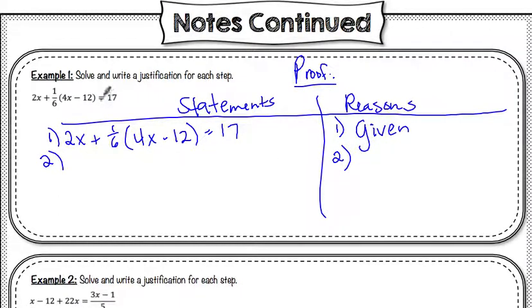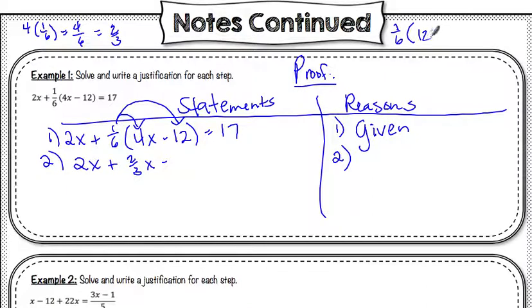Okay, the second statement is, well, what would you do next? I would probably start distributing here. Okay, so I have 2x plus 4 times 1/6, or 1/6 times 4 is 4/6, which is actually 2/3. So we have 2/3 x minus 1/6 times 12 is 12 over 6, which is actually 2.